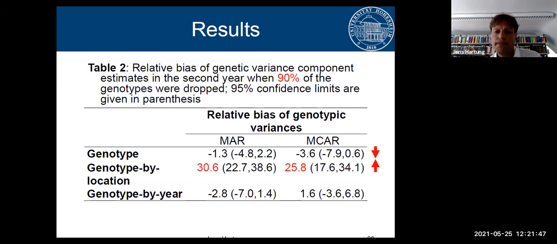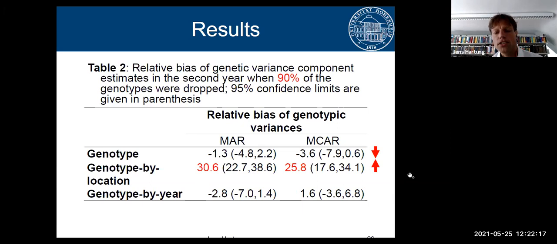If we did the same with 90% dropout, we see that there's a significant genotype by location variance. This relative bias is 30% or 25%, depending on whether you have selection or whether you have random dropout.